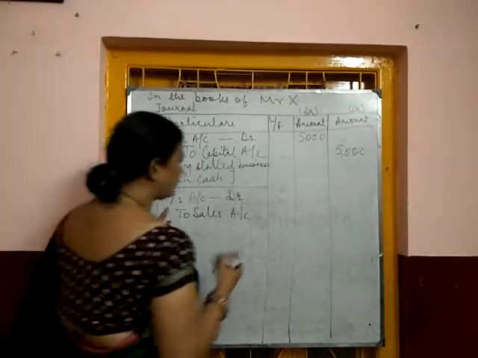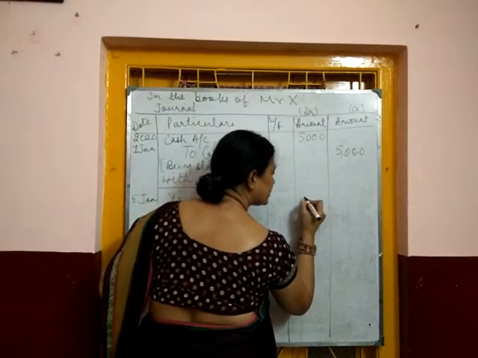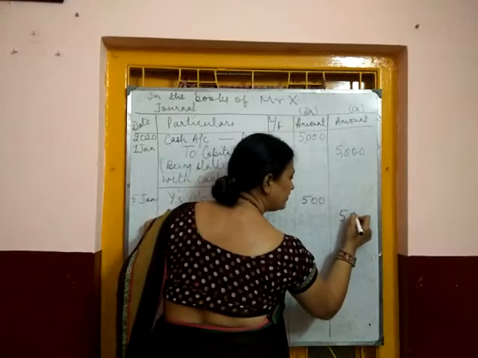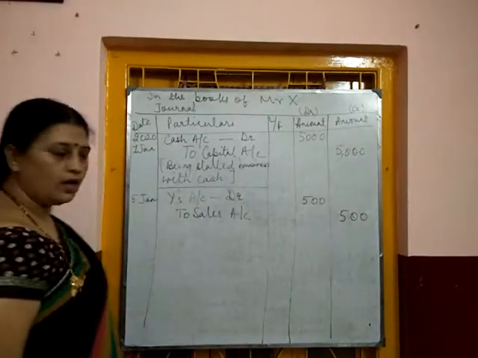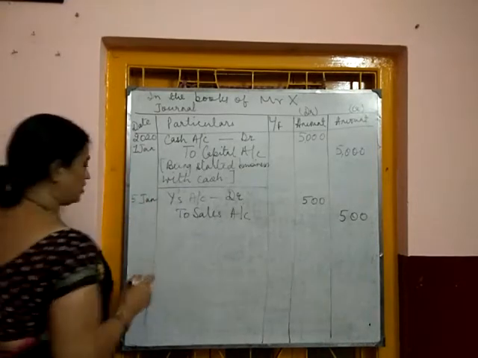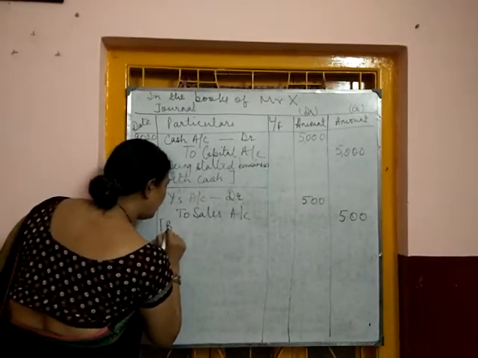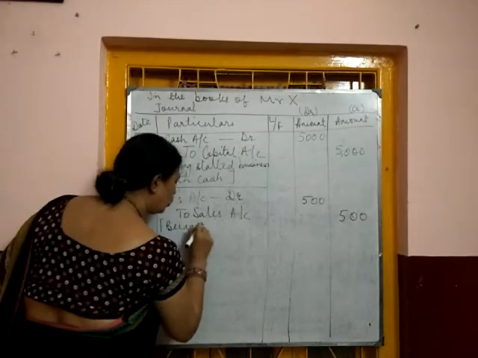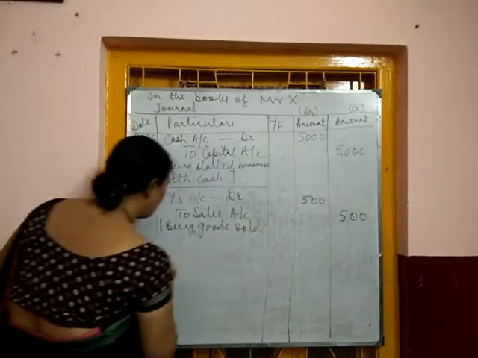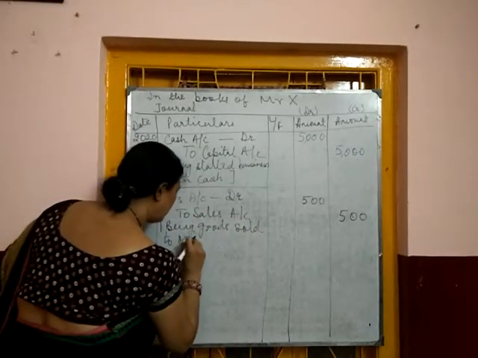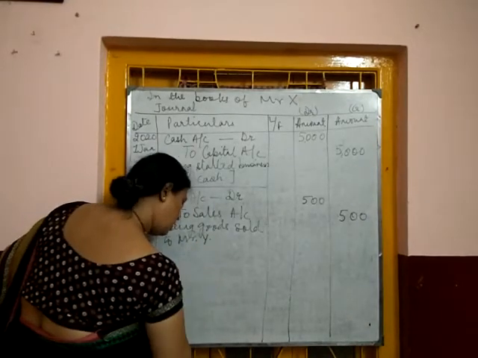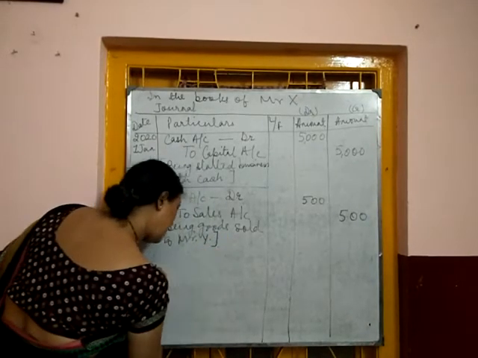So we will take 500 here as debit, as well as 500 credit. Clear? And after this, as I told you, we have to give a brief description. So we will write: being goods sold to Mr. Y.